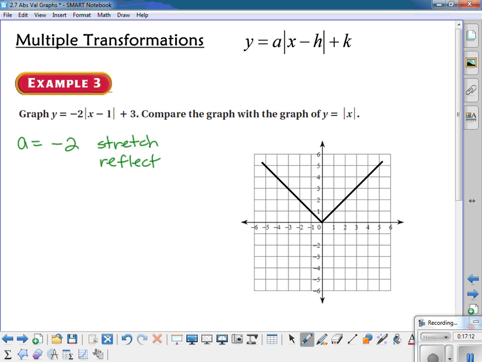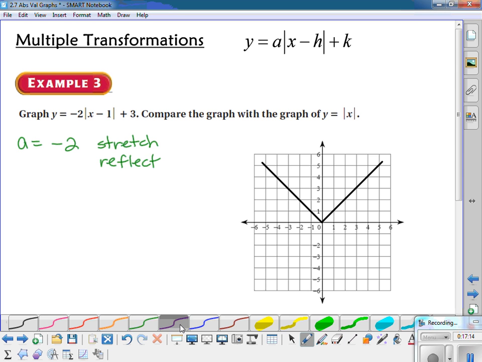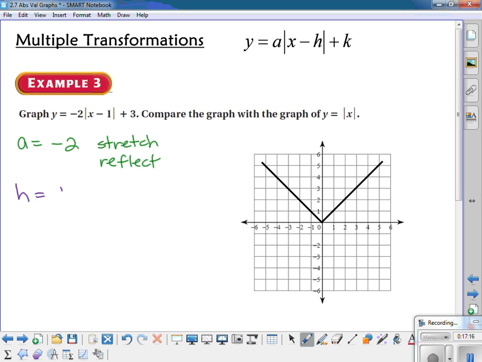And what is h equal to? h equals a positive 1, which means I'm going left or right? To the right. And then k is equal to positive 3. And so positive, I'm going up.